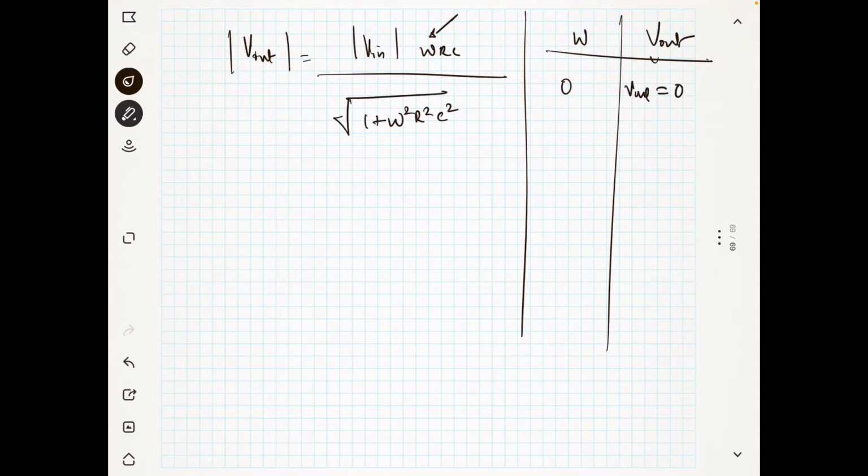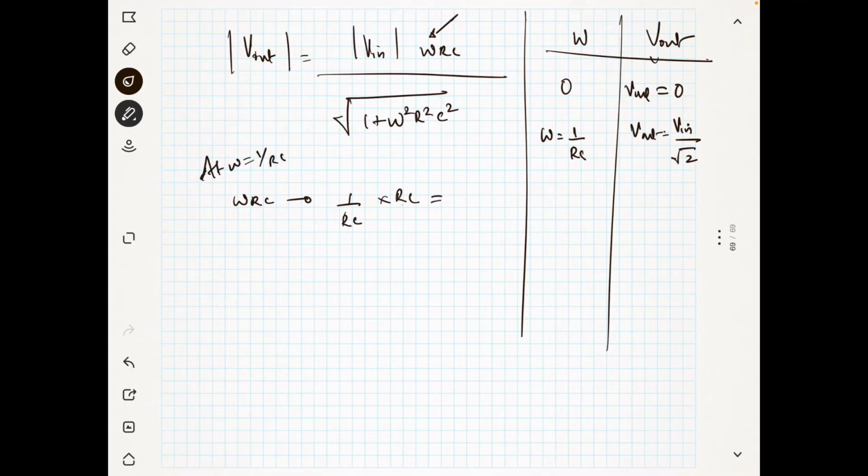When omega is equal to 1 by RC, what will happen? V out is equal to V in divided by square root of 2, because omega RC becomes 1 by RC into RC, which is 1.